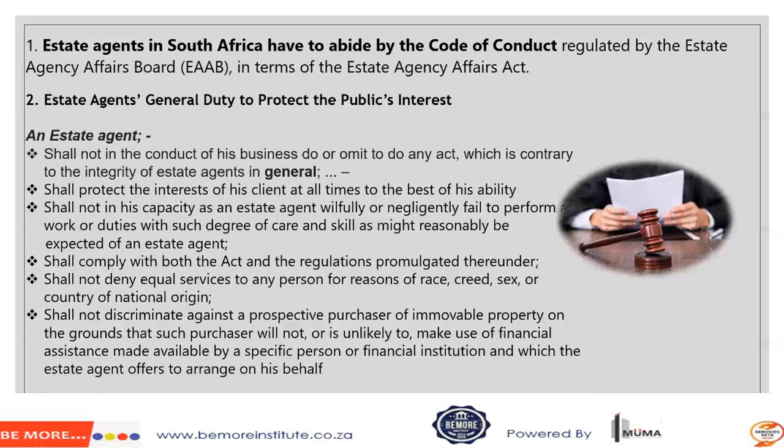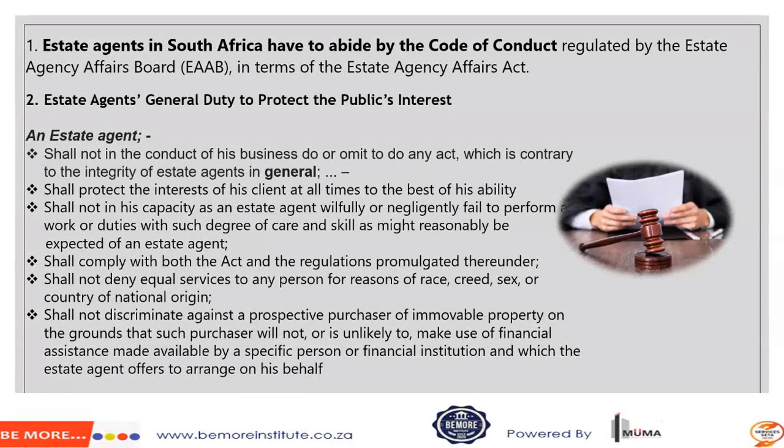And I can just say something about this last one, which is not to discriminate against a prospective purchaser. Please, people, if a purchaser approaches you and he comes with a bicycle, don't think he cannot pay. In some instances, that is the person who can pay, because if they really have a lot of money, they don't want to show it.